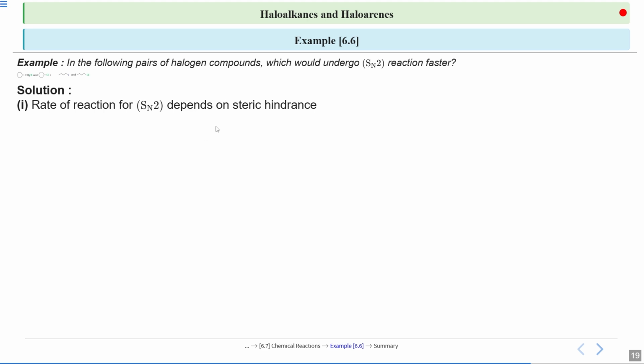So the rate of reaction in the SN2 reaction depends upon the steric hindrance, so that the incoming nucleophile does not face any steric hindrance. If there is more steric hindrance, the rate of reaction will be slower. It will be difficult for the incoming nucleophile to attack the carbon and form the bond.